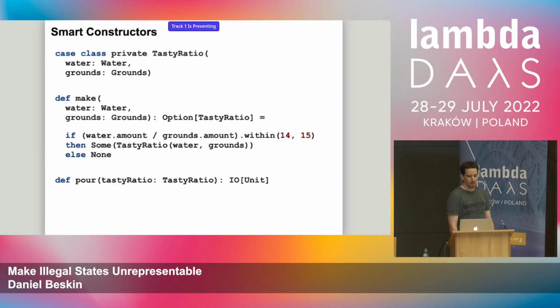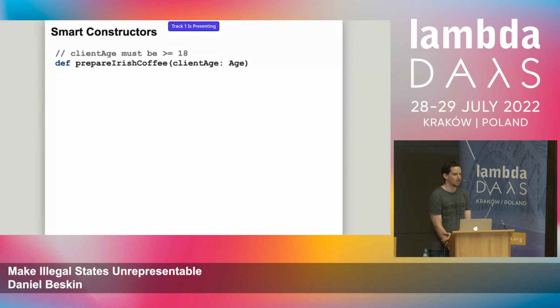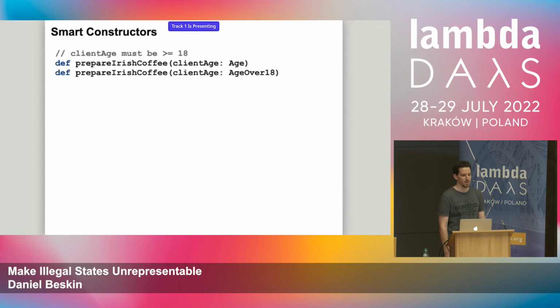More generally, smart constructors are a great way of enforcing diverse invariants, and we can find many examples. In this case, our signature has a wishful comment about age and alcohol and restrictions, but it's not really an invariant that's enforced anywhere, just wishful thinking. But if you apply the correct smart constructor, you can probably get a type that will enforce it, so that it's not possible anymore to do the illegal action of, in this case, pouring whiskey into Irish coffee.